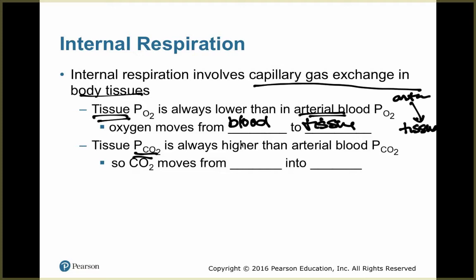And we also have it in the Krebs cycle. So we're making a lot of CO2 there. And so CO2 is going to basically move from the tissue to the blood, because then again, in the tissue, it's high, right? In the blood, it's low. So it's going from tissue to blood.